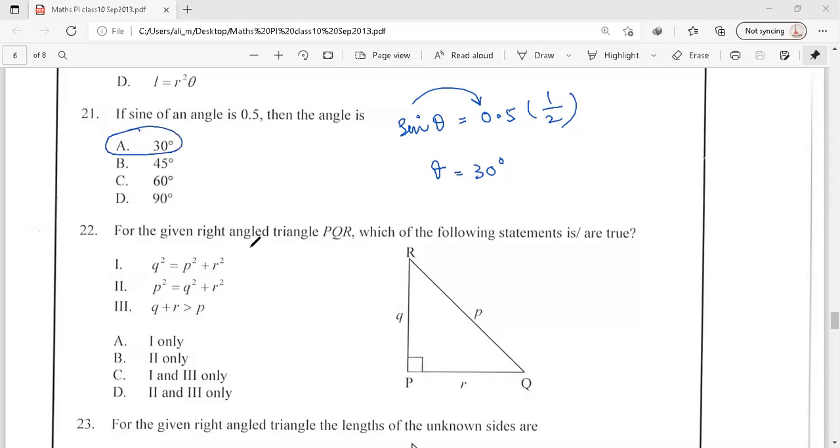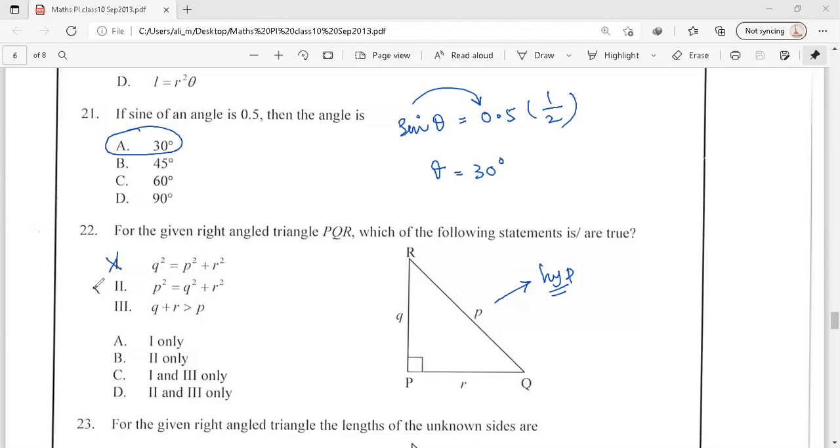For the given right angle triangle PQR, which of the statements is correct? In the first statement, Q square equals P square plus Q square. As we can see in the diagram, the side P is the hypotenuse of this triangle. It means this first condition is incorrect. Then we have condition 2, in which P square equals Q square plus R square.